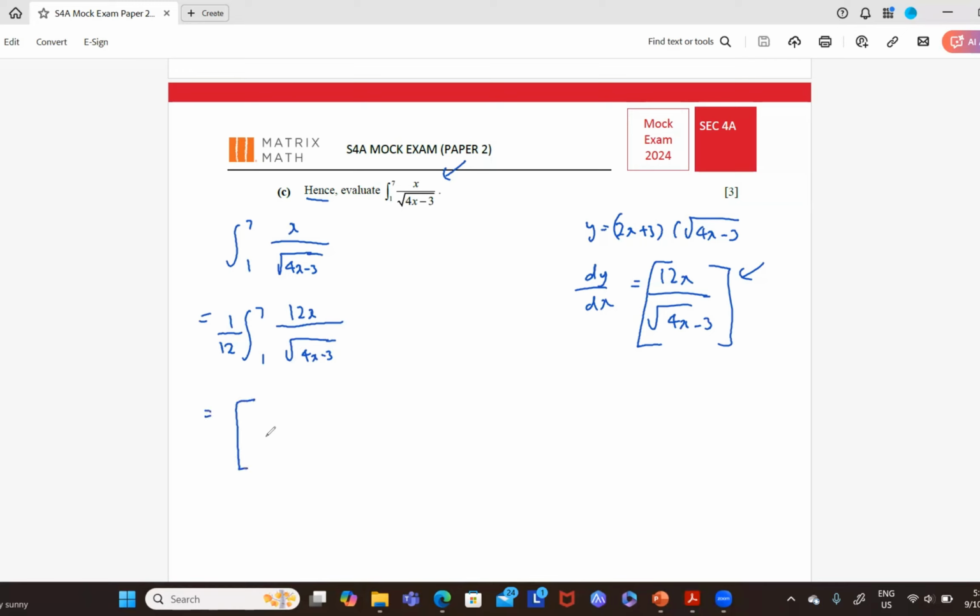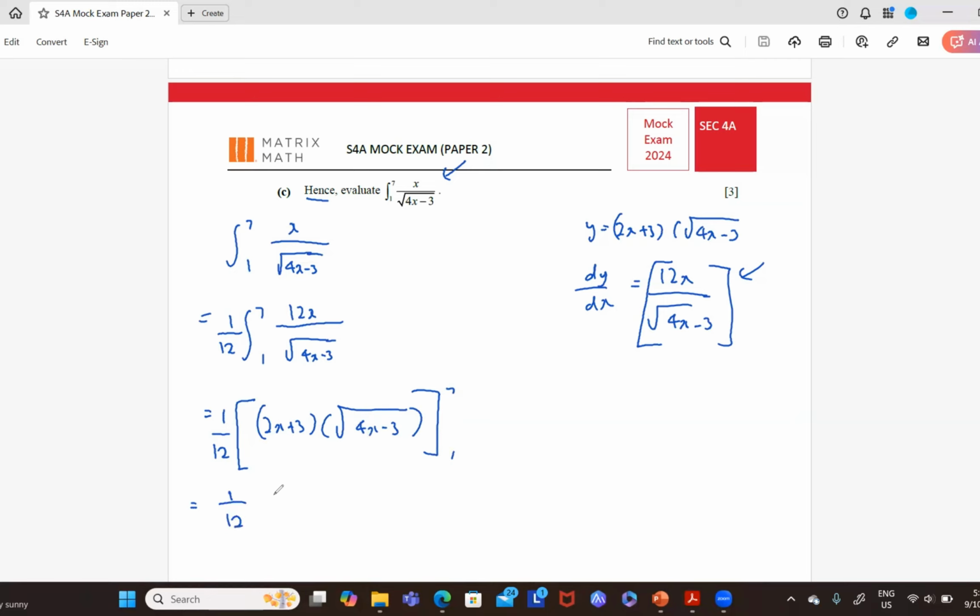So the integration will be 2x plus 3 bracket square root 4x minus 3 bracket, then you put the 7, 1. And don't forget your 1 over 12. Let the 1 over 12 be outside. You just put 7 inside here, then you put 1 inside here, subtract the two numbers, then multiply it with 1 over 12.